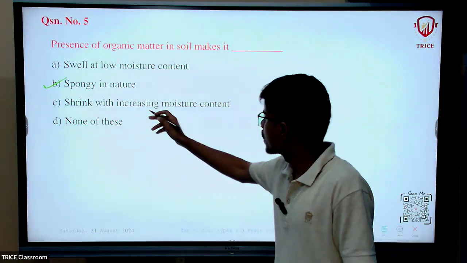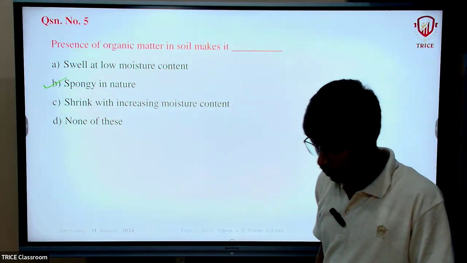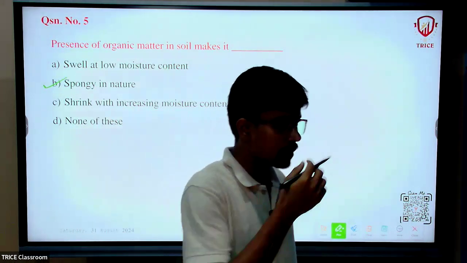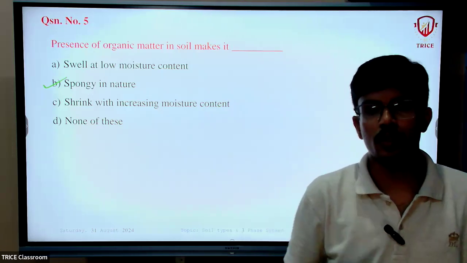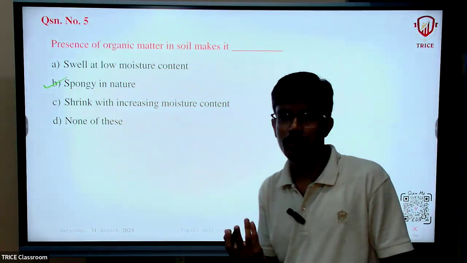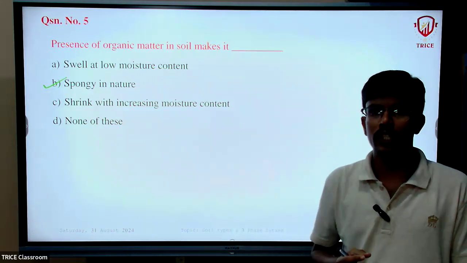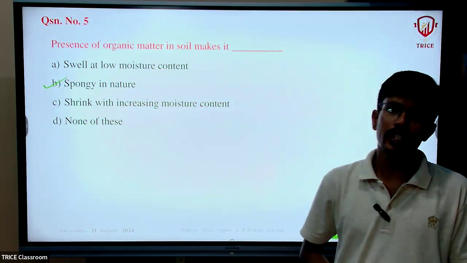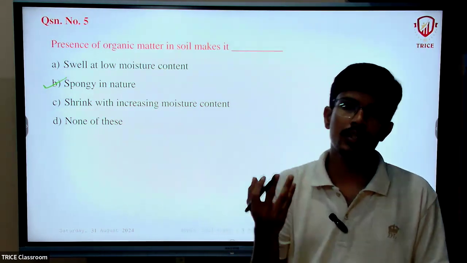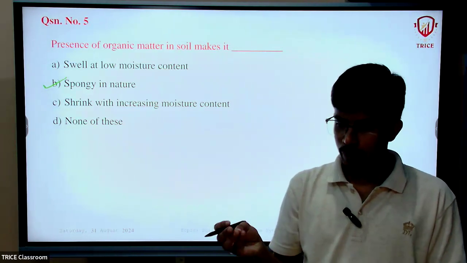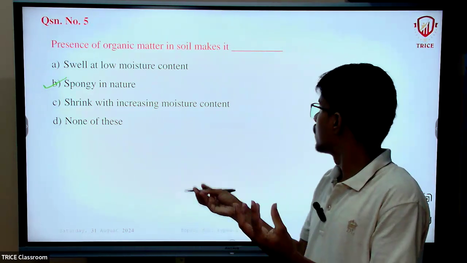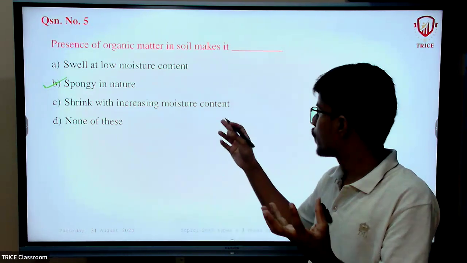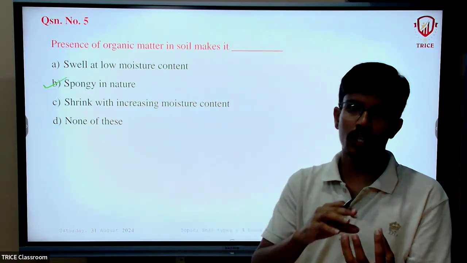Okay. Then shrink with increasing moisture content. If you take the soils we call collapsible soils, right? In collapsible soils, if you just increase the water content, the soil collapses. The collapsible soils and the expansive soils are completely opposite in nature. When we have black cotton soil, if you just increase the water content, the soil swells. It will be the expansive soil. If we have collapsible soils and you increase the water content, the soil shrinks.